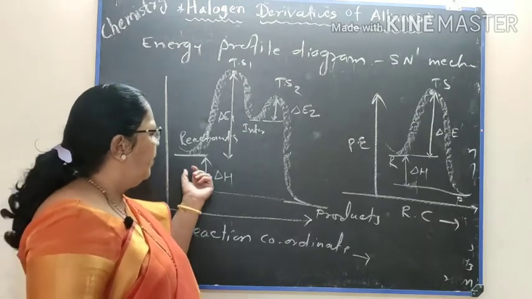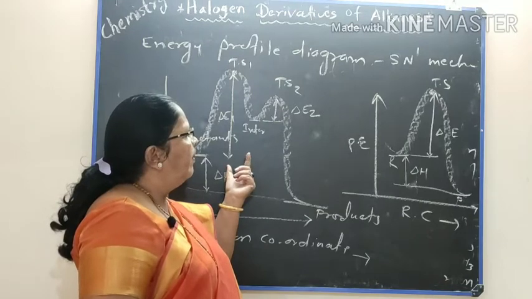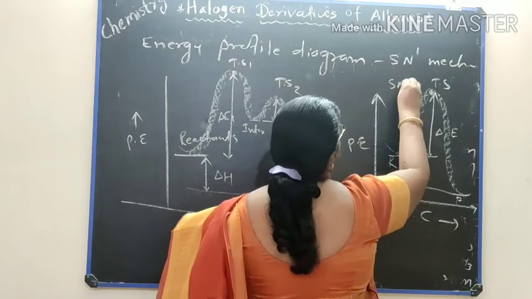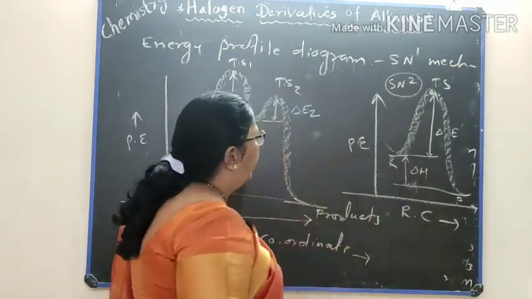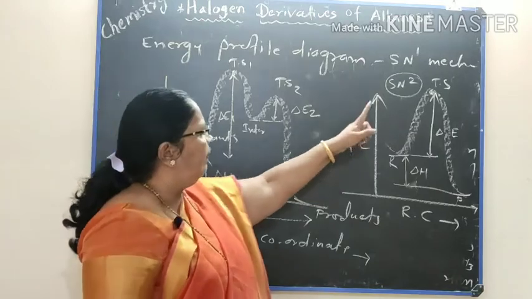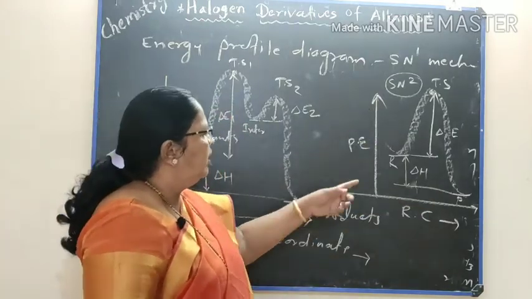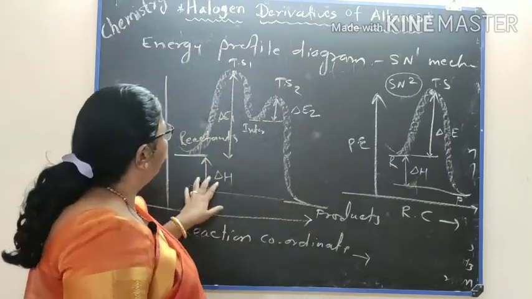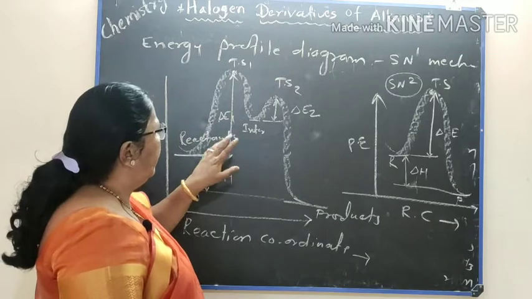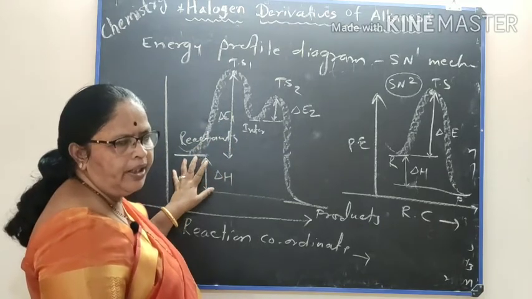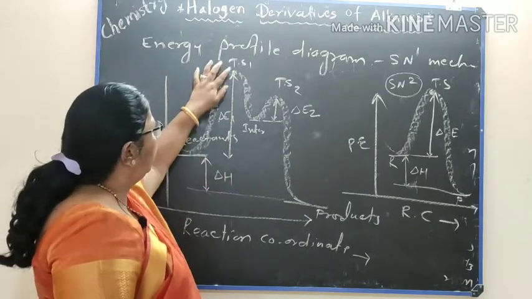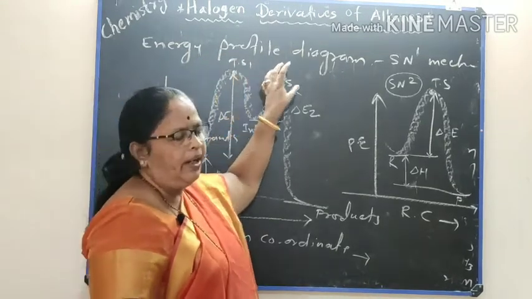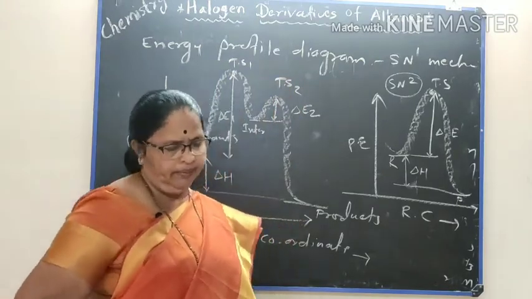You can distinguish the energy profile diagram of SN2, which has only one peak because it is a single step mechanism, and SN1, which has two peaks because the reaction takes place in two steps: first the formation of tertiary butyl carbocation, and second the attack of the nucleophile.